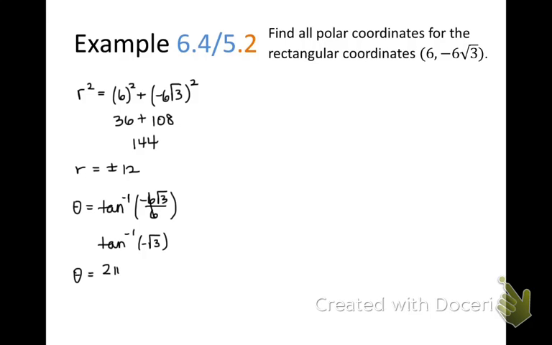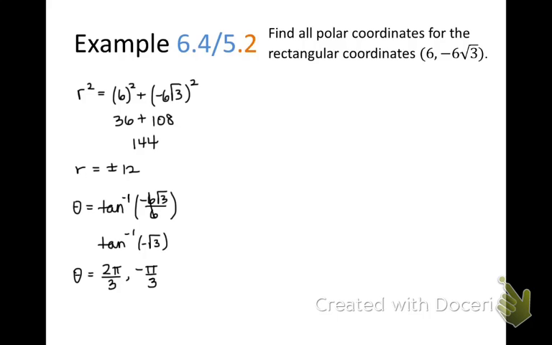To pi over 3. Yep. How about in quadrant 4? 5 pi over 3. What's another way you could write that? Right. So you could write it as 5 pi over 3, or you could write it as negative pi over 3. Really doesn't matter at that point.